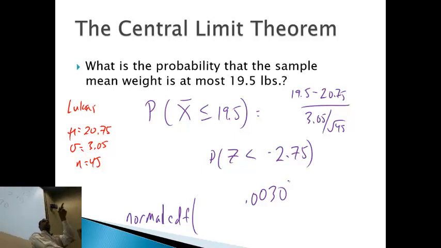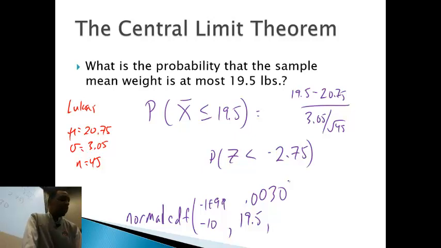Where is Chris? Are you Chris, right? So, Chris, what would you put down for the limits for the normal CDF function here? Okay, right. So you're saying we were given earlier that koalas can be 15 pounds at the least, right? At the most, or the smallest number is 15 pounds, and then up to 19.5. So sometimes you can do like -1E99 or some arbitrarily low number, right? You never have a negative 10-pound koala, but I'll put negative 10 in there. Okay? So then the mean is 20.75.